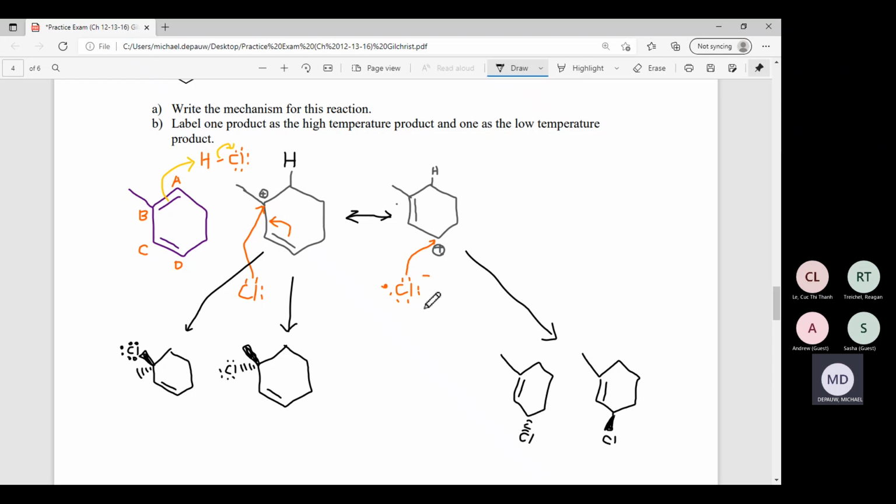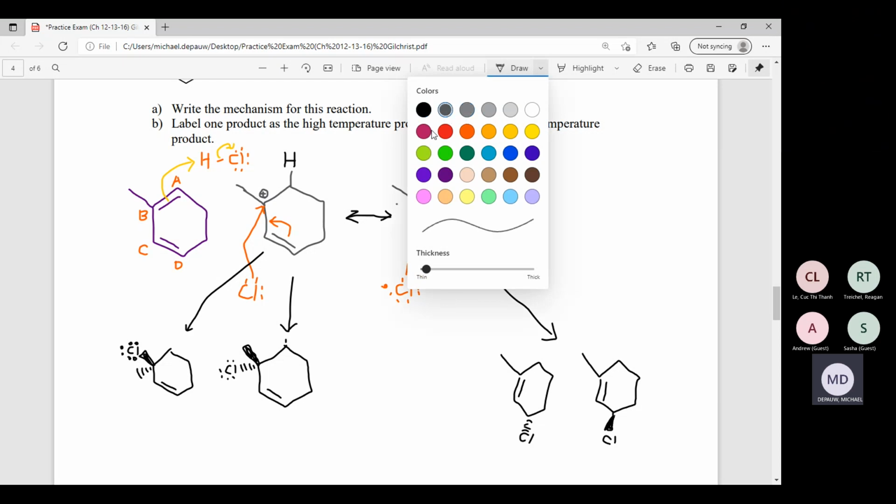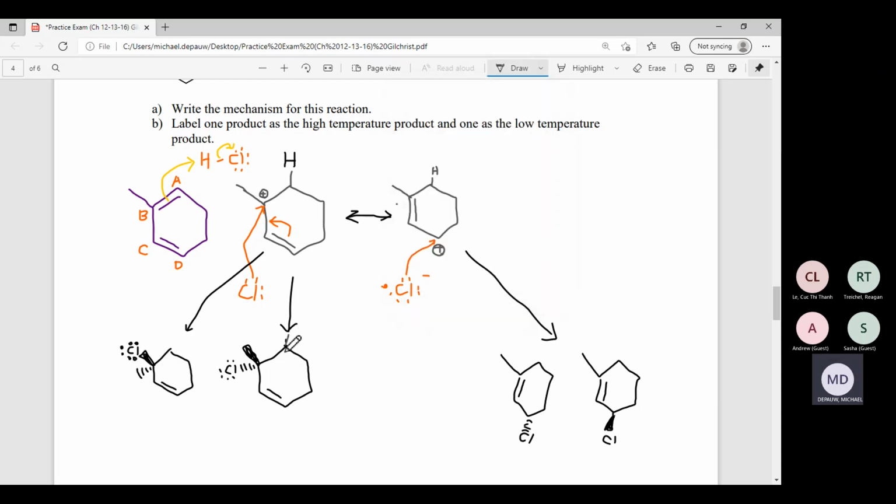Now, notice the position here. Just for the purposes of pointing this out, I want to distinguish between 1,2 and 1,4 addition. So you have your original hydrogen that added here, and here you have your original hydrogen that added here.